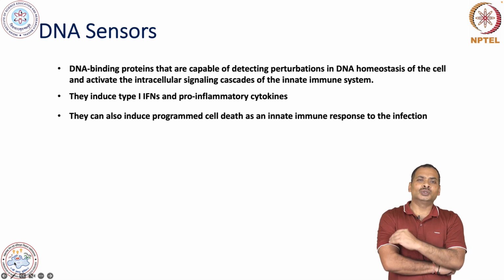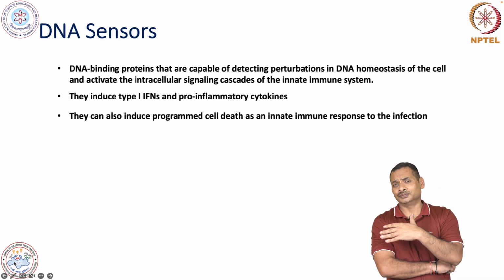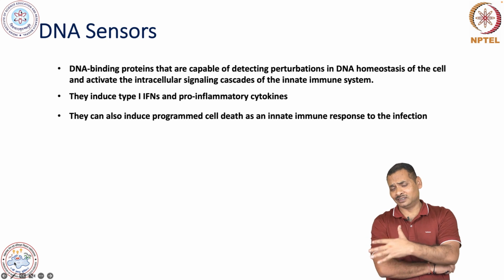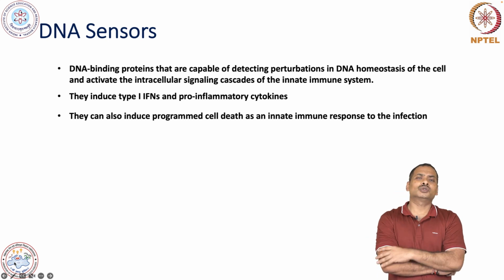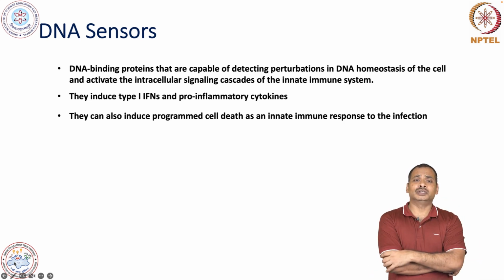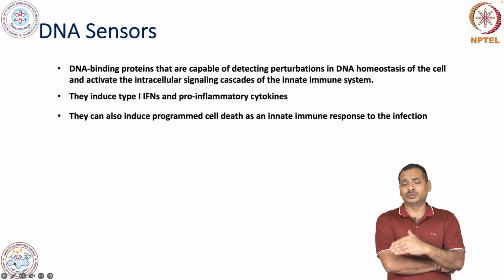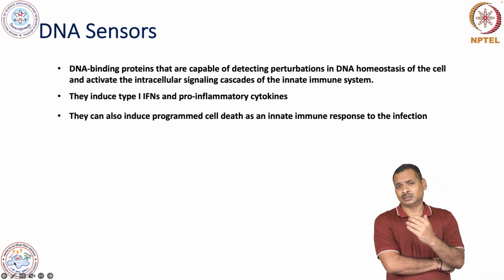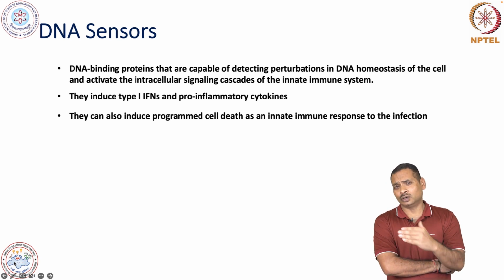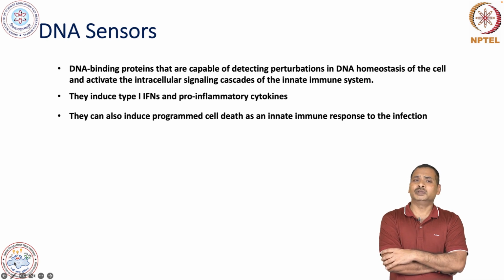So, there is no other way to stop the virus other than using programmed cell death. If the cell triggers programmed cell death, then the whole cell will die, and the metabolic activity which is skewed for the replication of the virus will be stopped.